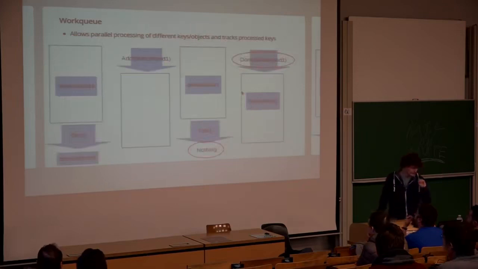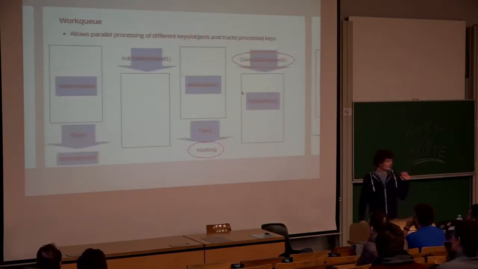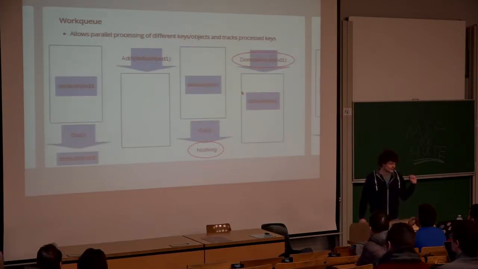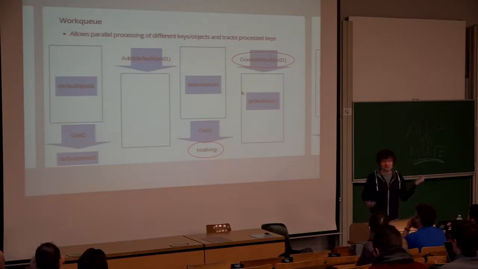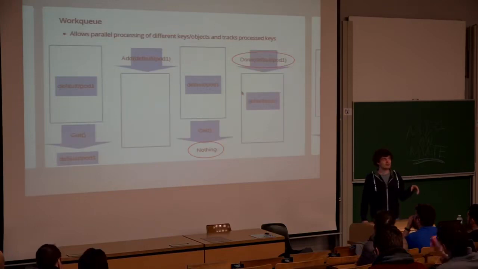And the queue also makes sure that you don't have to care about processing the same key in parallel multiple times. That could lead to strange race conditions. Just consider you have a replica set which should create 5 pods.